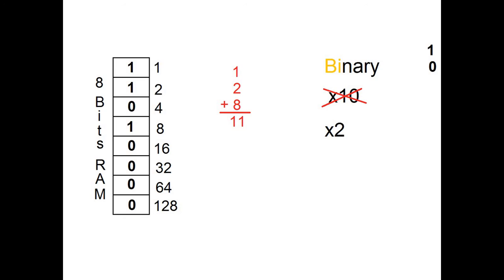And what we can do to convert the binary number into a decimal number is just multiply the ones by whatever column they're in, and then add them up together. So in this example, with it ending in 1011, we would add 1 plus 2 plus the 8 to equal 11.